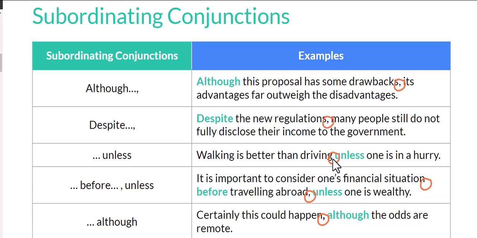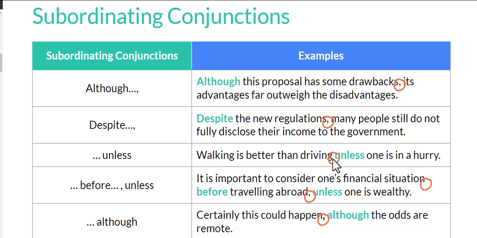so the last idea I added here for you, I use before it unless, just to notice when we use the separating conjunction. It's important to consider one's financial situation before traveling abroad unless one is wealthy. So the first part we have is a full sentence.